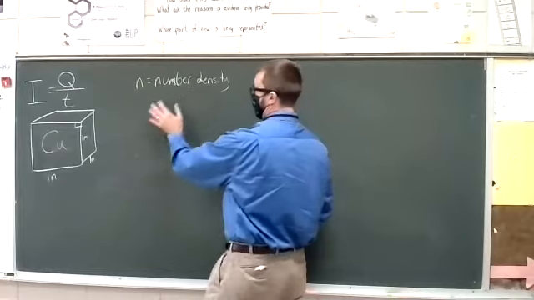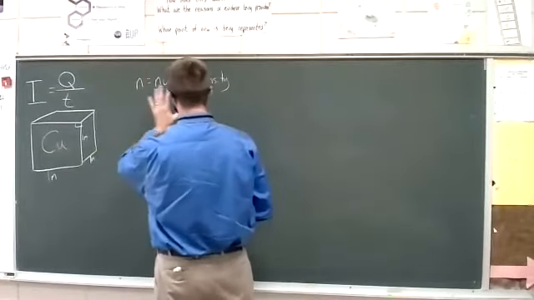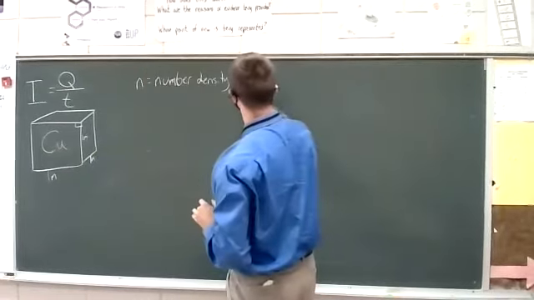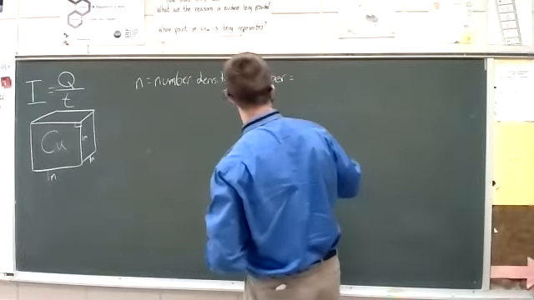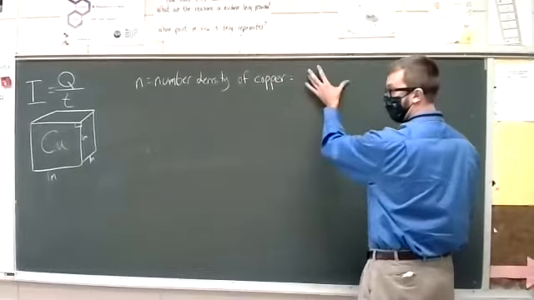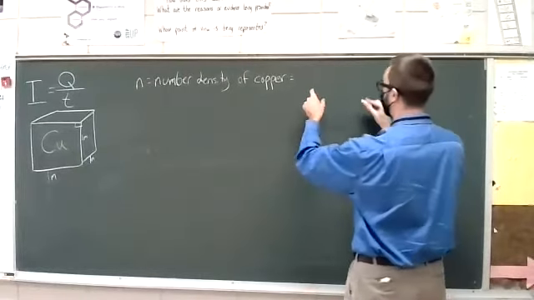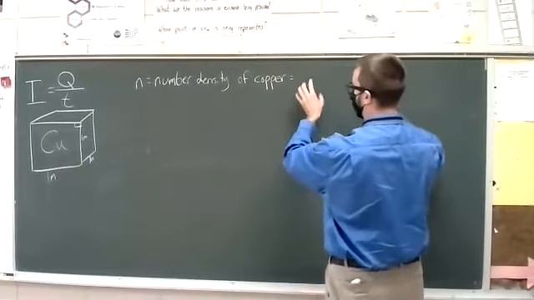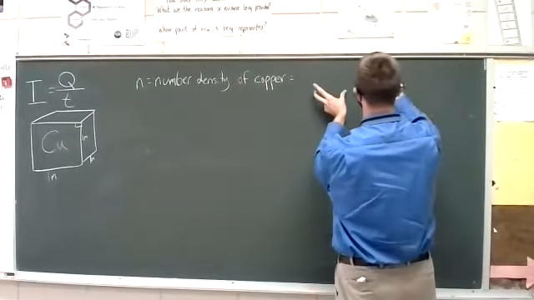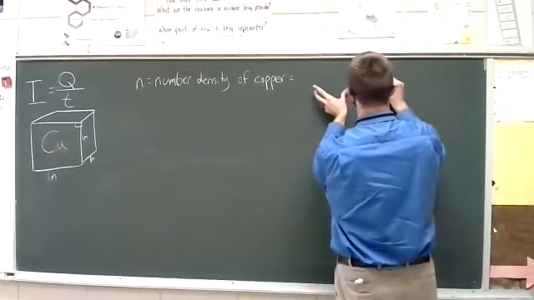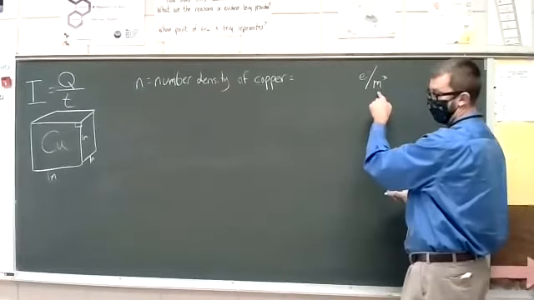But we want to cancel out the per cubic meter. So the number density of copper is equal to a certain value that's going to be forthcoming in just a moment. But it's the number of electrons per cubic meter. It's defined as per cubic meter.